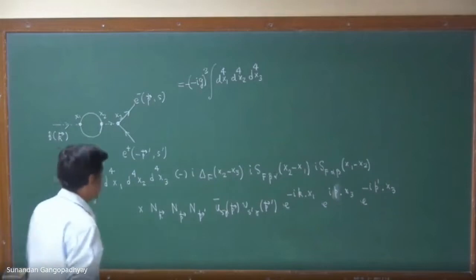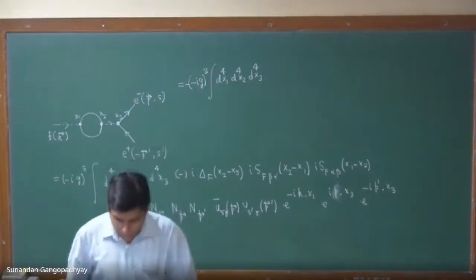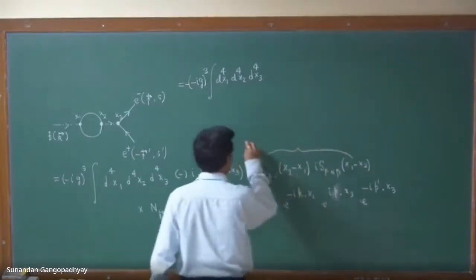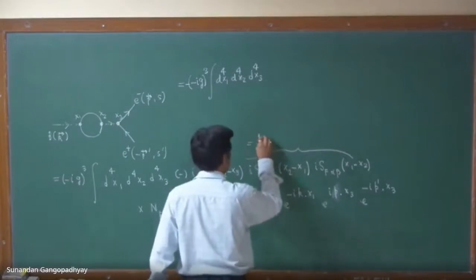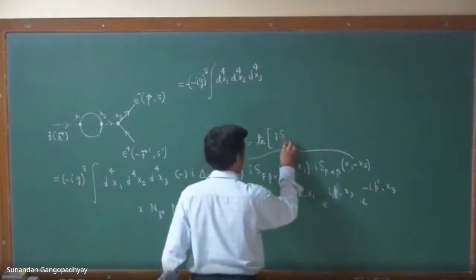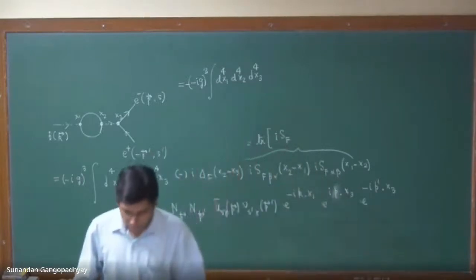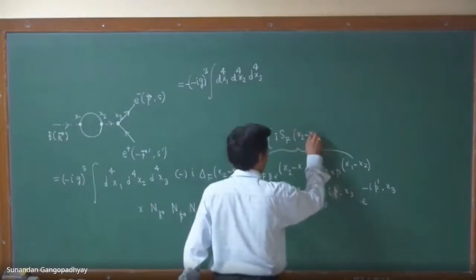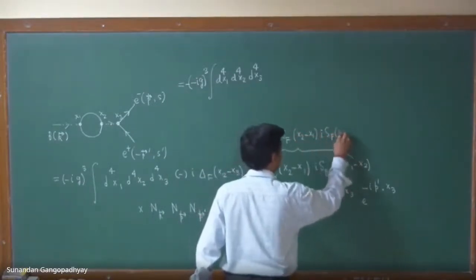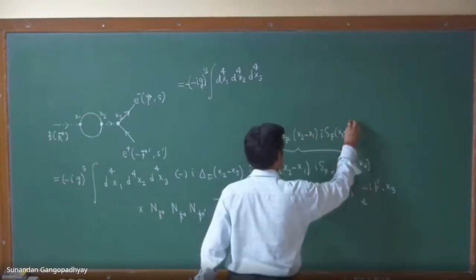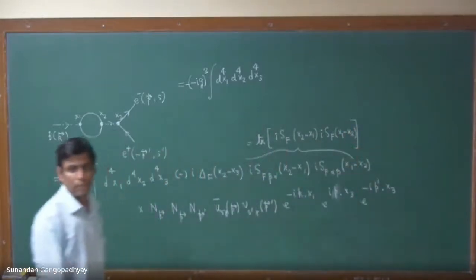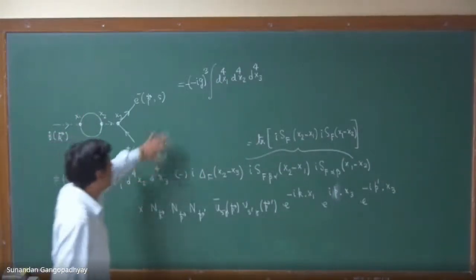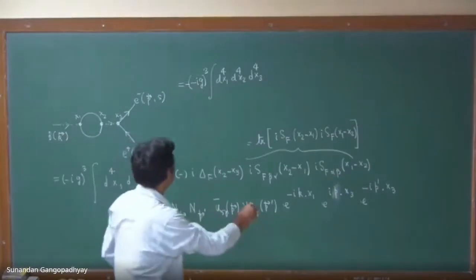You can see that this term basically, it's 2 minus 6. Now what we are doing is just Fourier transforming this.